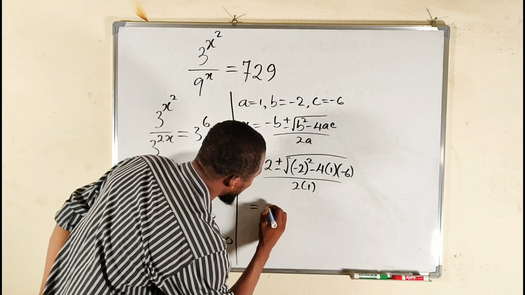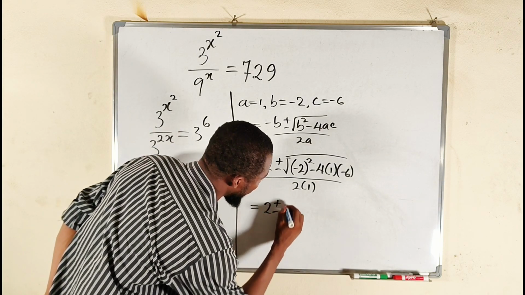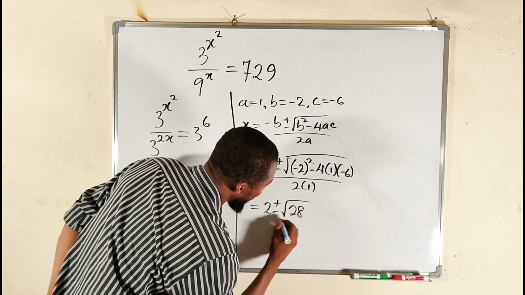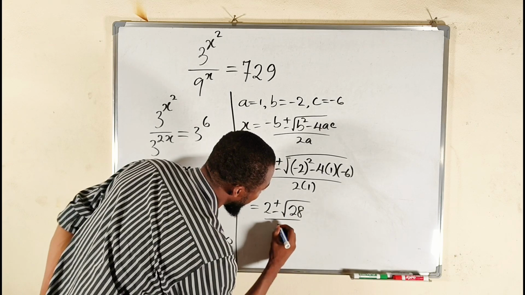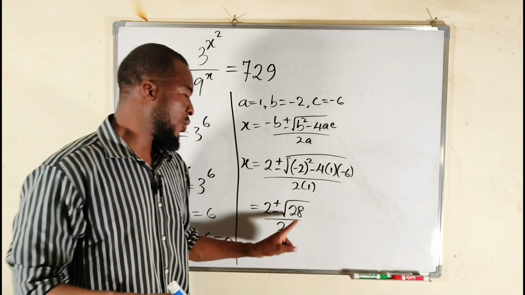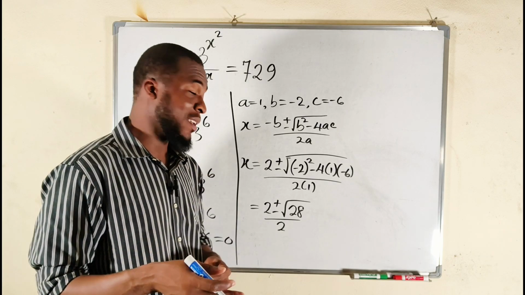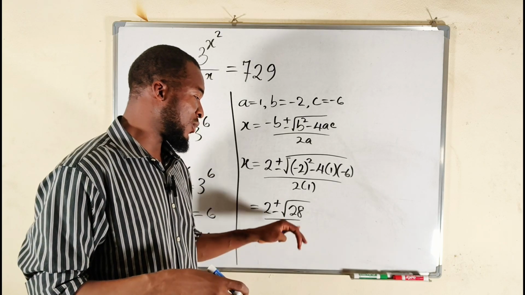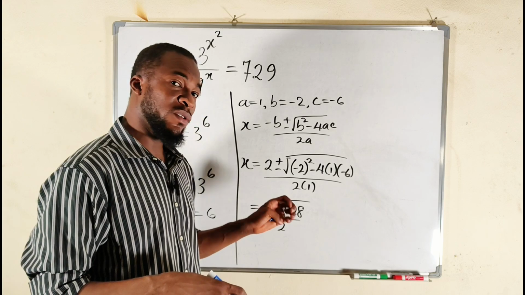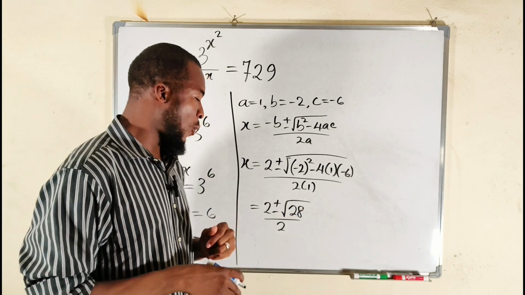So this is equal to 2 plus or minus square root of 28 divided by 2 times 1 is 2. We know that 28 can be expressed as 4 multiplied by 7, because the biggest factor of 28, which is also a perfect square number, is 4.